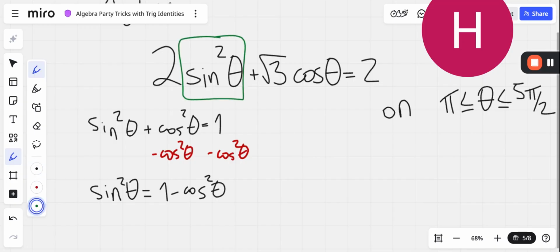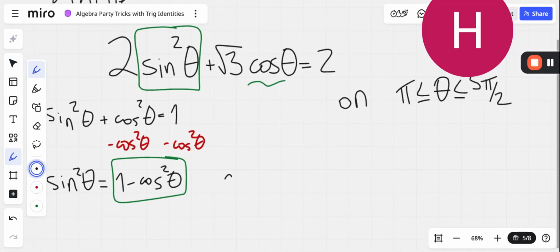And that's going to be useful because you'll notice that there's another cosine term in the equation. Right? We can't solve this equation as it is with a sine in it and a cosine in it. It's too difficult. So we're going to make that replacement. A very simple replacement to start off with.